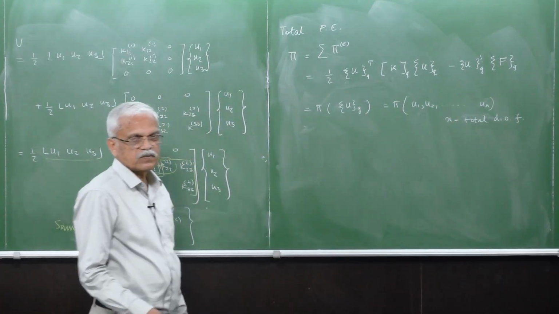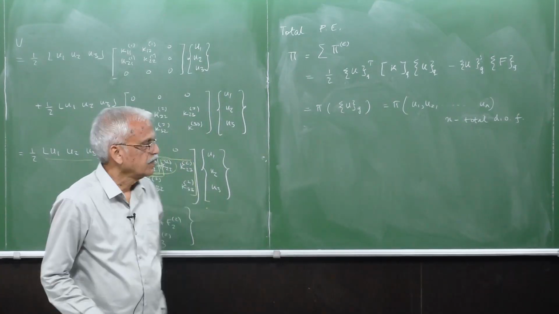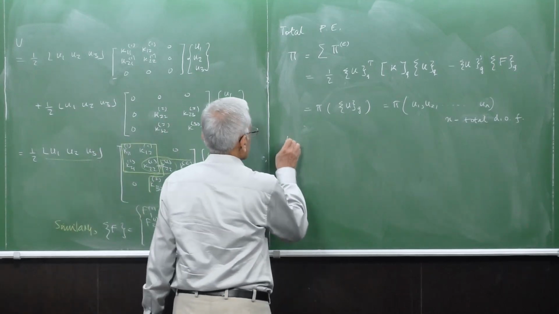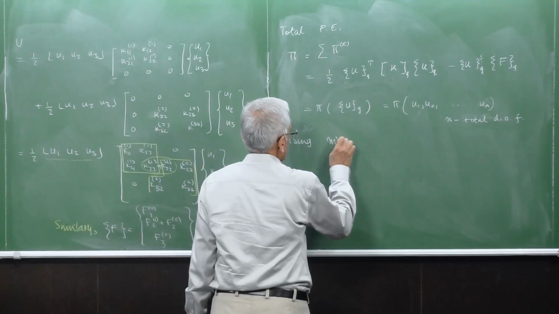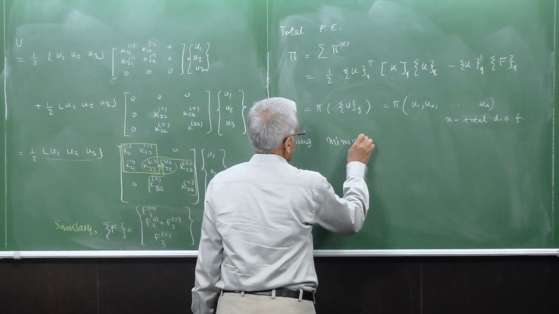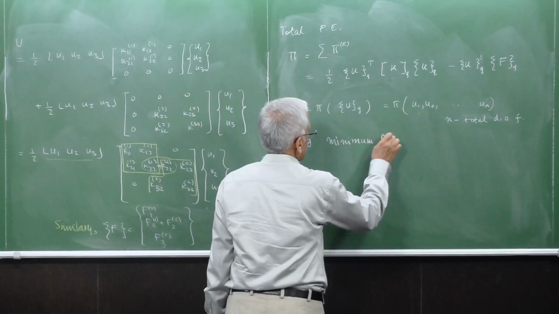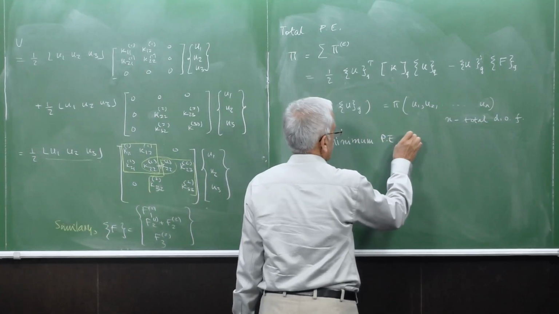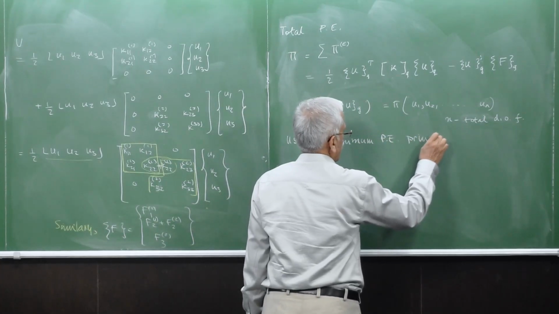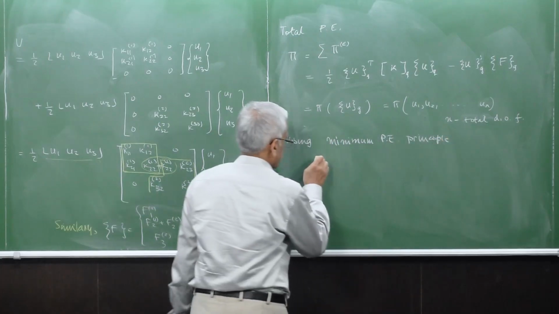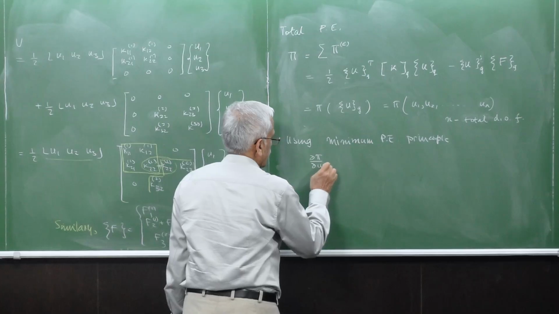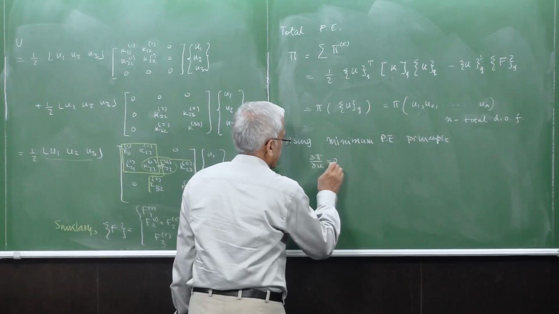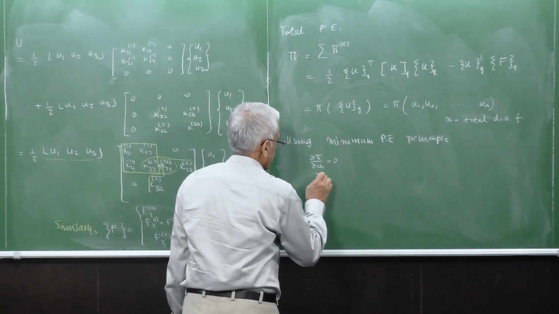So what we need to do is minimize this potential energy using the minimum potential energy principle. What we say is that ∂P/∂U1 is 0, and like this.